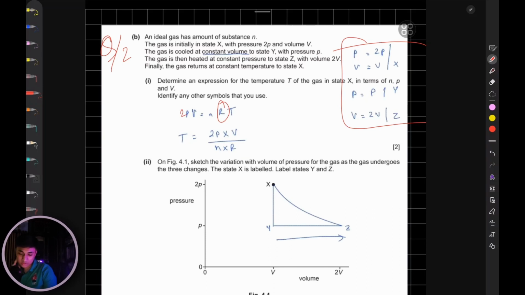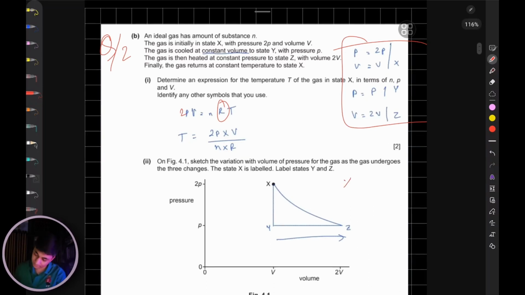So let's understand what's happening from X to Y. At X, notice your pressure is 2P, and at X, your volume is V. Keep that in mind.